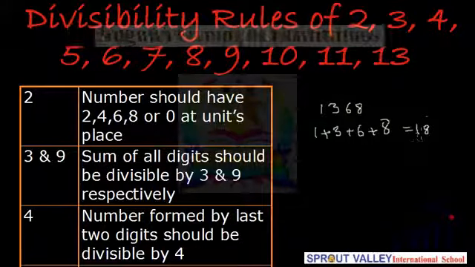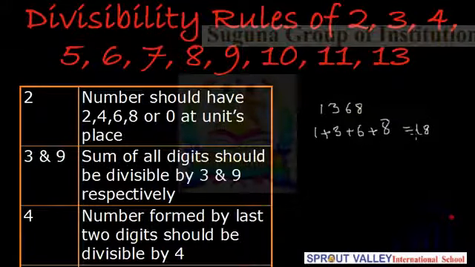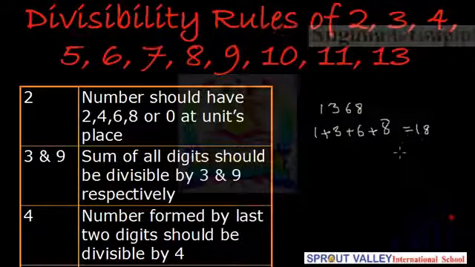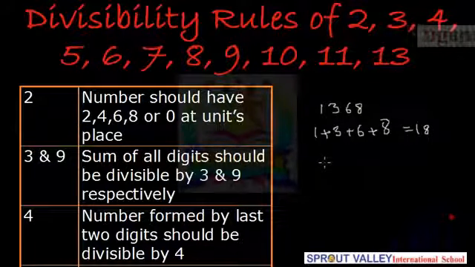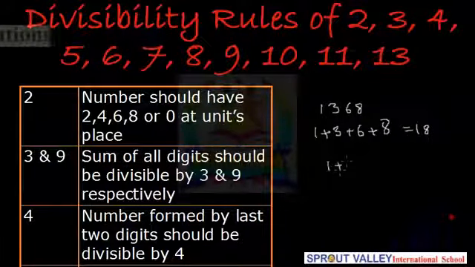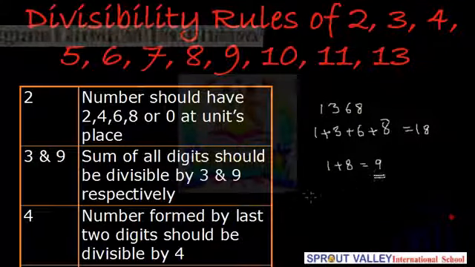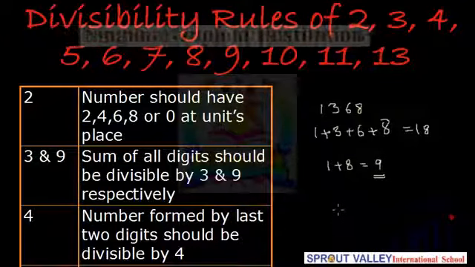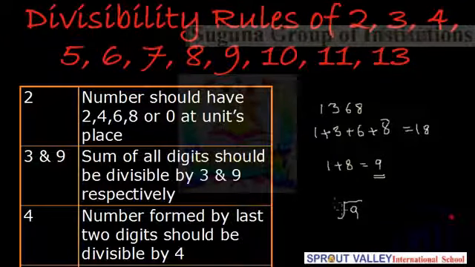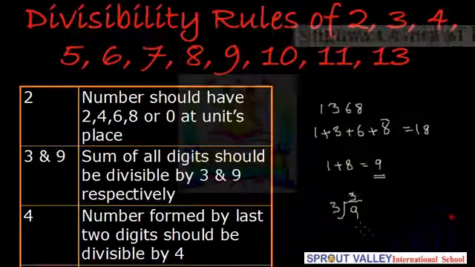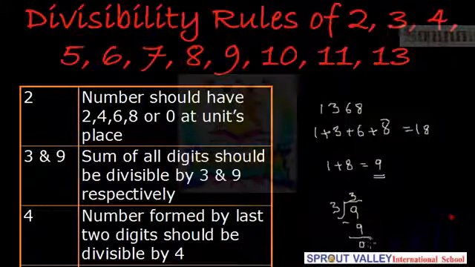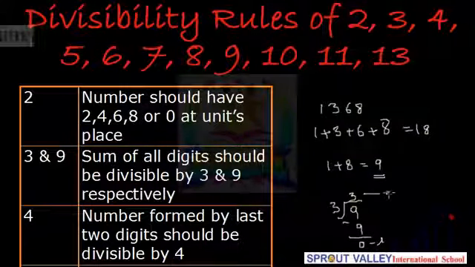And if this 18 is divisible by 3, this 18 will also follow the same rule, isn't it? That means if 18 is divisible by 3, then 1 plus 8 is equal to 9. This 9 will also be divisible by 3. Yes, 3 threes are 9, leaving remainder as 0 and quotient is 3.